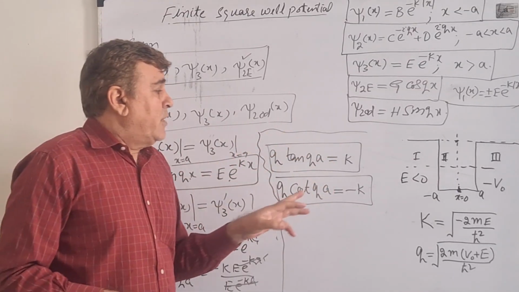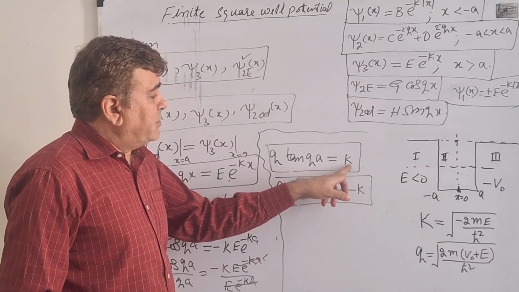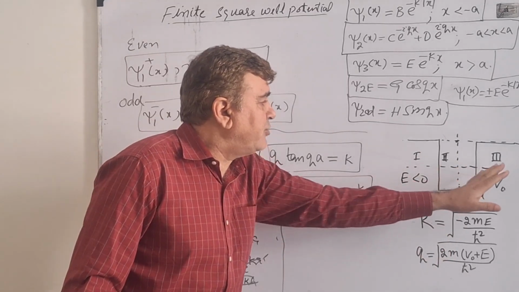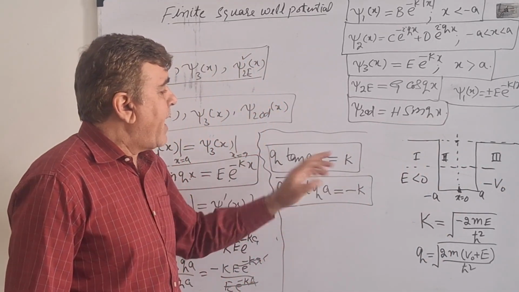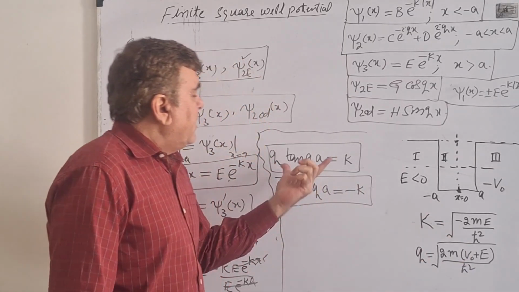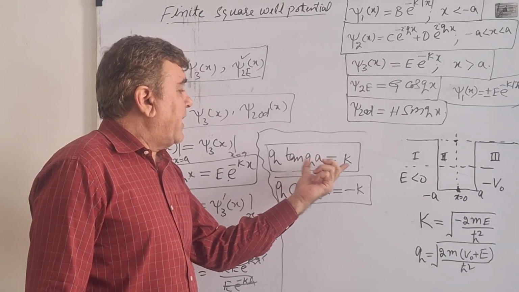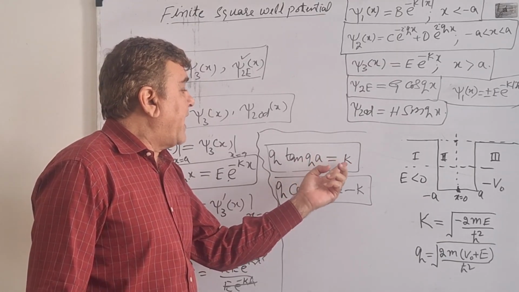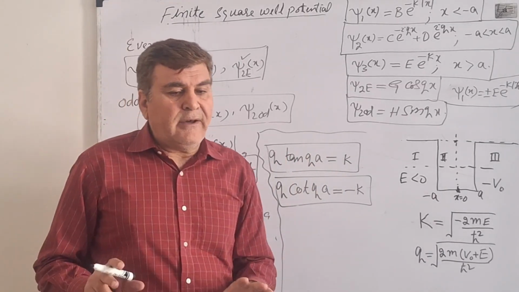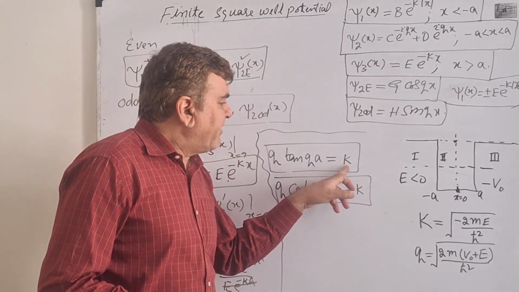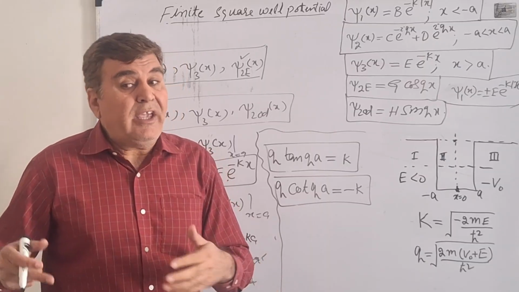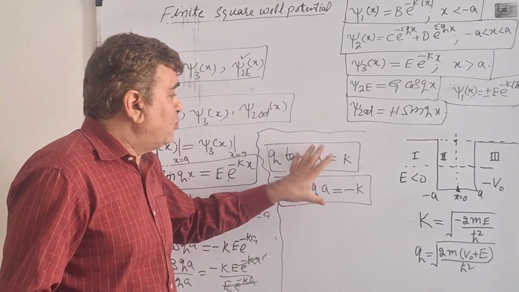Since k is the energy parameter in the free region, where potential is zero, and q is the energy parameter in the bound region, this equation links the eigenspectrum in the free region with the bound region. We want to see whether all the possible values of k and q are acceptable solutions, or we have some other story. We want to visualize that.